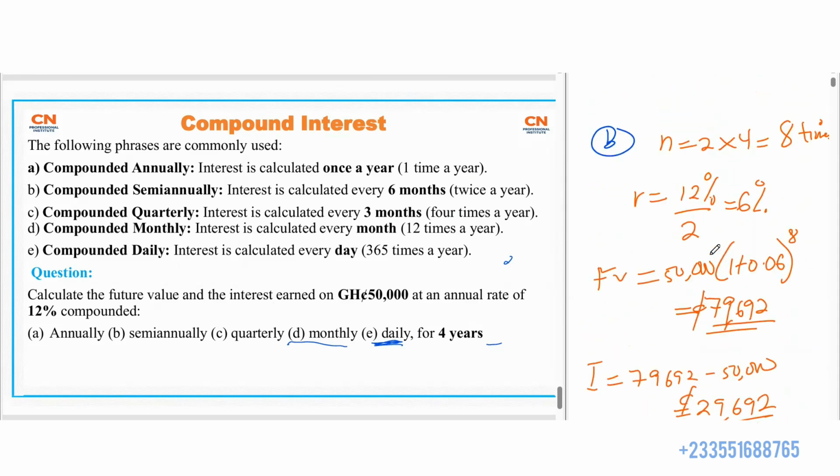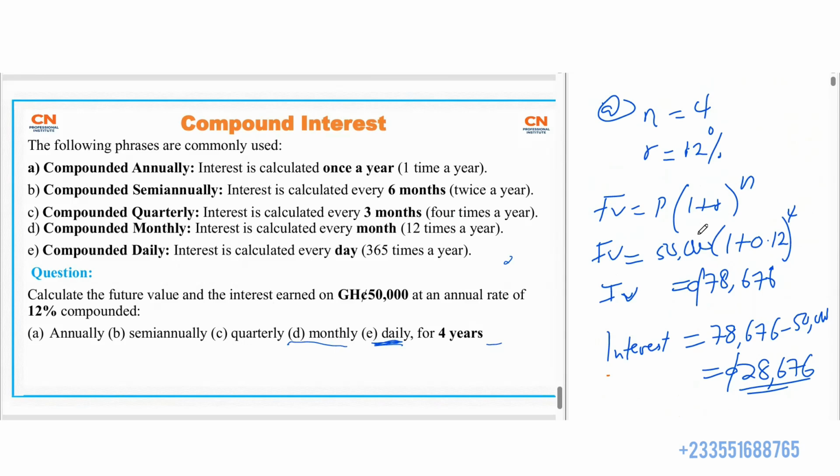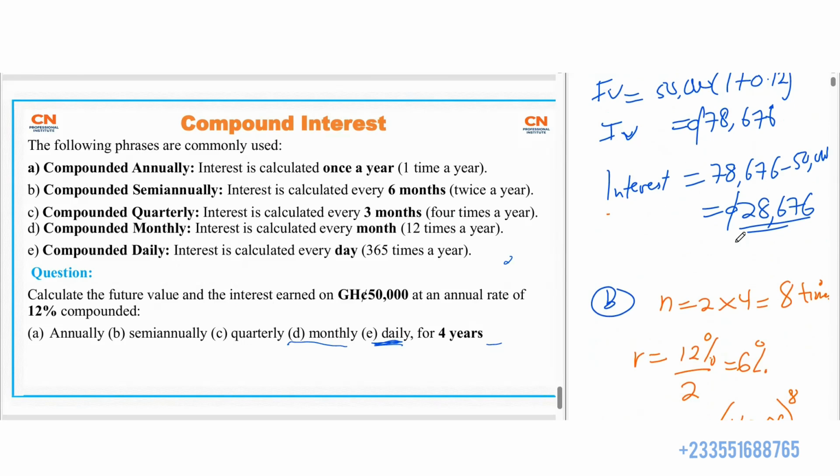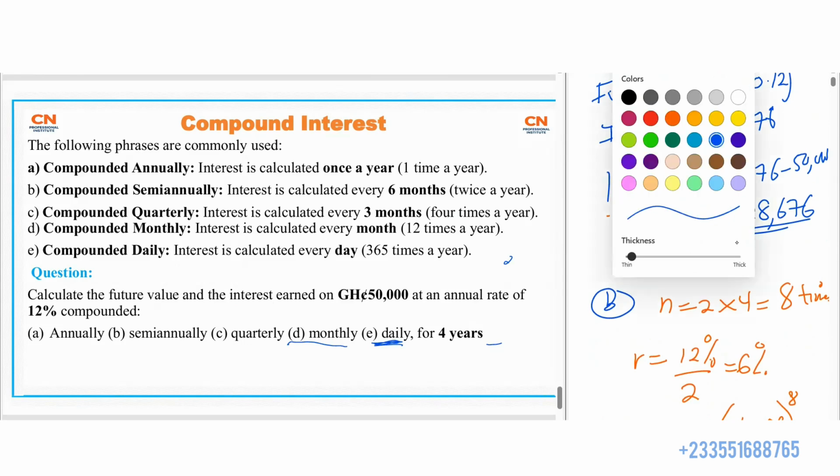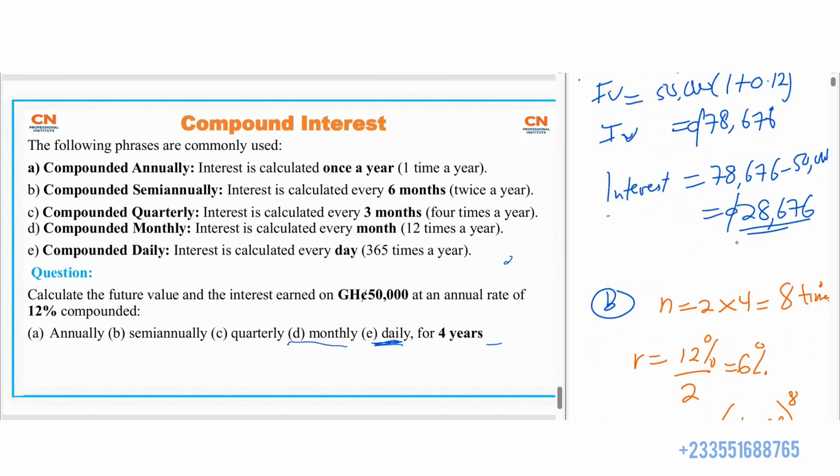Can you see how the same 50,000 is changing over the period when you calculated the interest? If it's compounded annually, you earn 28,676 for the same 4 years.